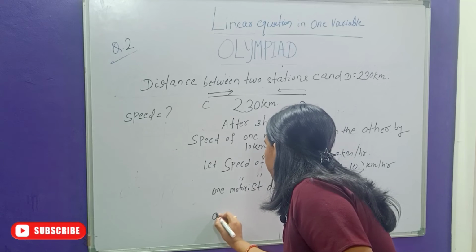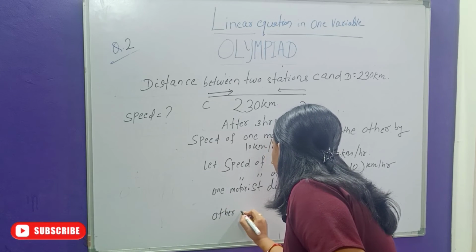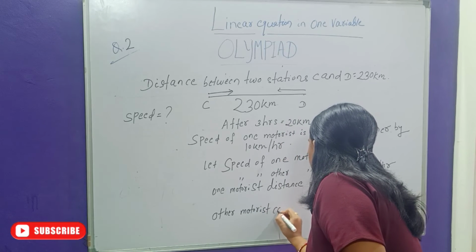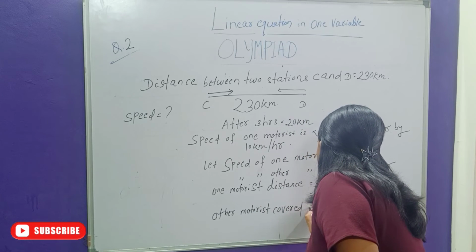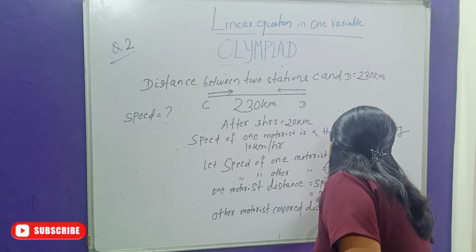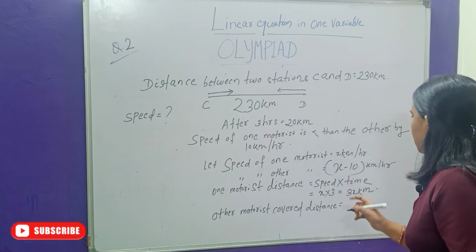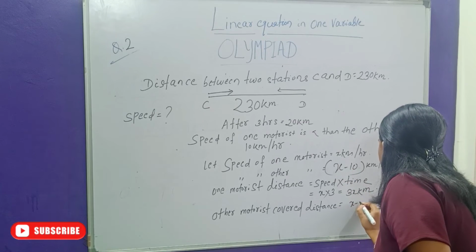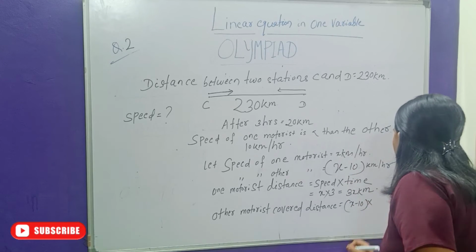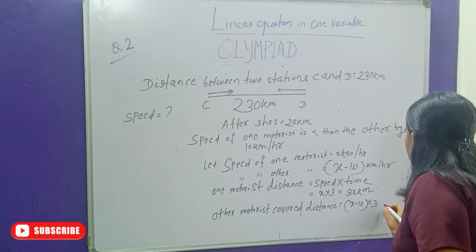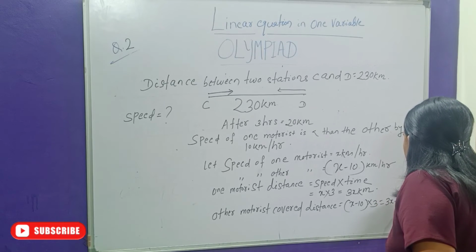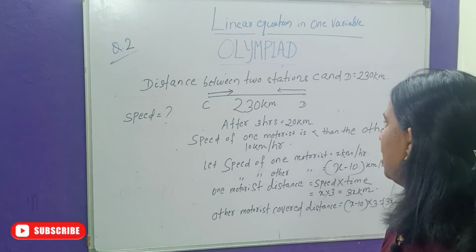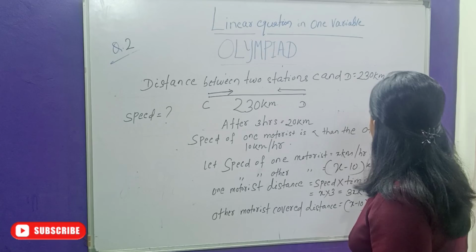The other motorist covers speed x minus 10 into 3 hours, so that is 3x minus 30 kilometers.